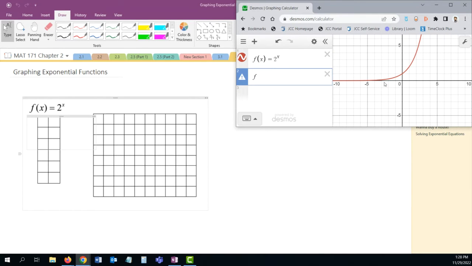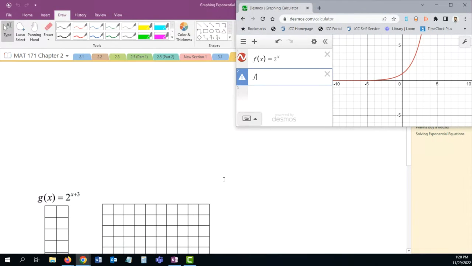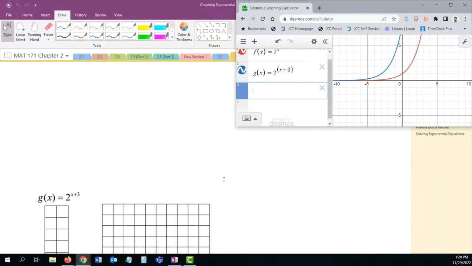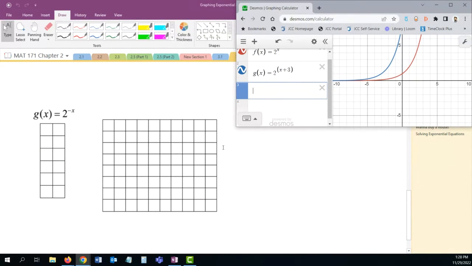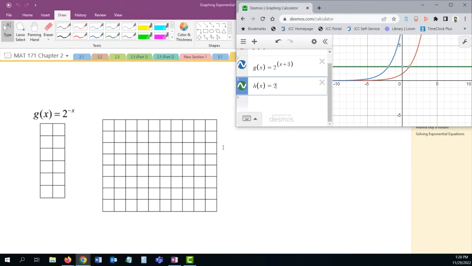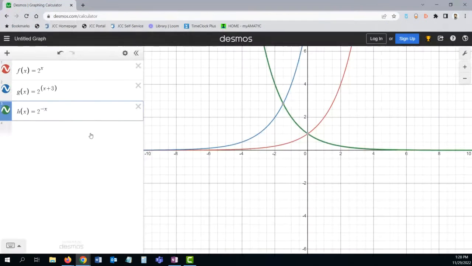Next one, g of x is 2 raised to... Desmos has made a small change when you're doing exponents: you have to put a parenthesis first, or it's going to assume that the next thing you type stays in the exponent. It jumped down automatically on me earlier today. So here are the three functions. What do they look like?